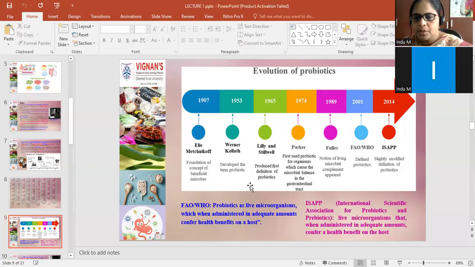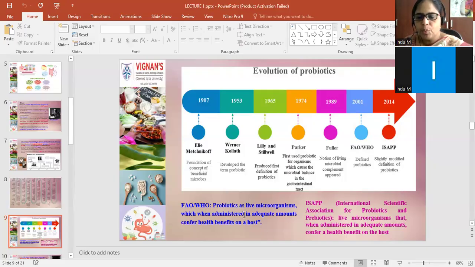Later, Parker used probiotic for organisms which cause microbial balance in the gastrointestinal tract. And then Fuller gave the notion of a live microbial supplement. Later, WHO and the Food and Agriculture Organization defined probiotics, and the International Scientific Association for Probiotics and Prebiotics slightly modified the definition.